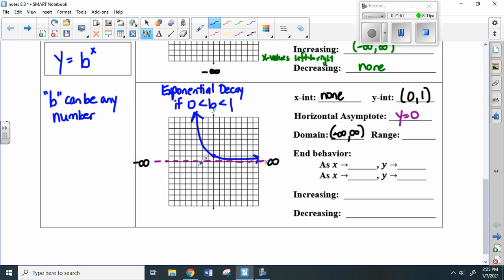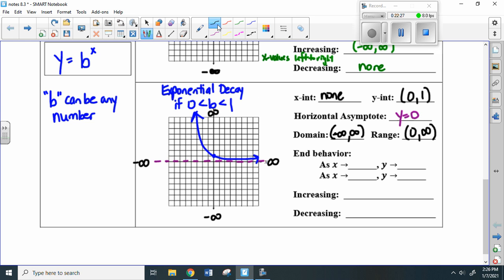My range, well, I still don't have any graph below the x-axis, so no negative numbers. My graph doesn't start till I'm right above the asymptote, and so I'm still going to be everything above 0. So yes, I'm still above the horizontal asymptote.